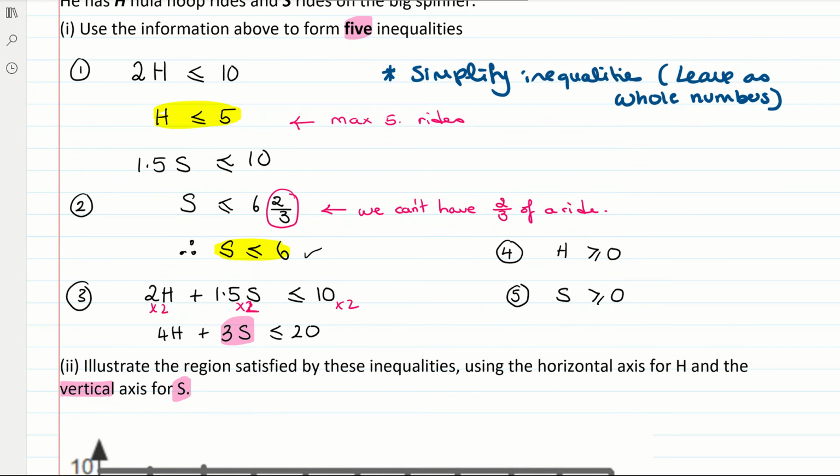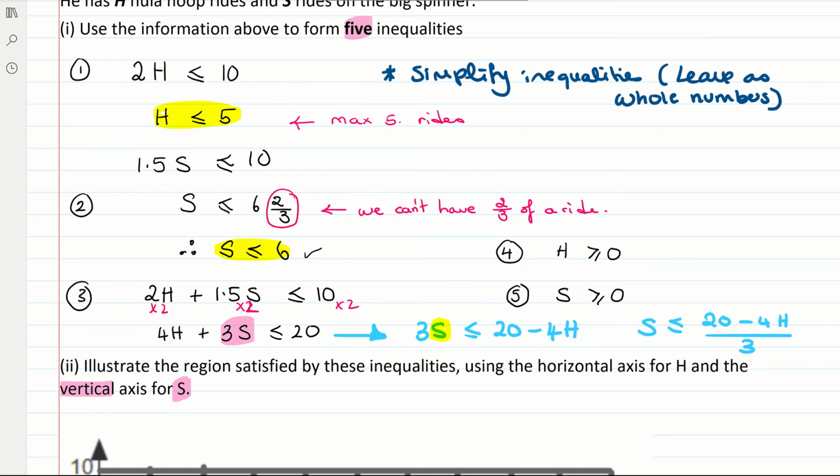So let's rearrange because we're going to use the FX button for that. 3S is smaller than 20 minus 4H, which means that S is smaller than 20 minus 4H all over 3. So recognize that this is the y-axis.